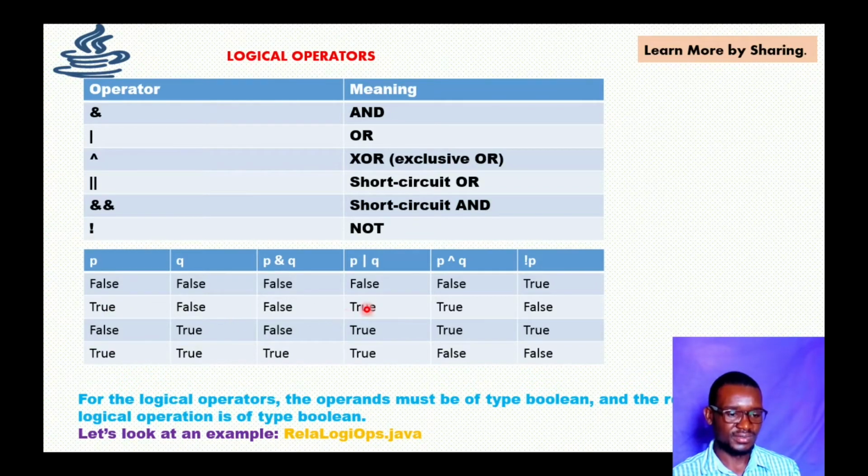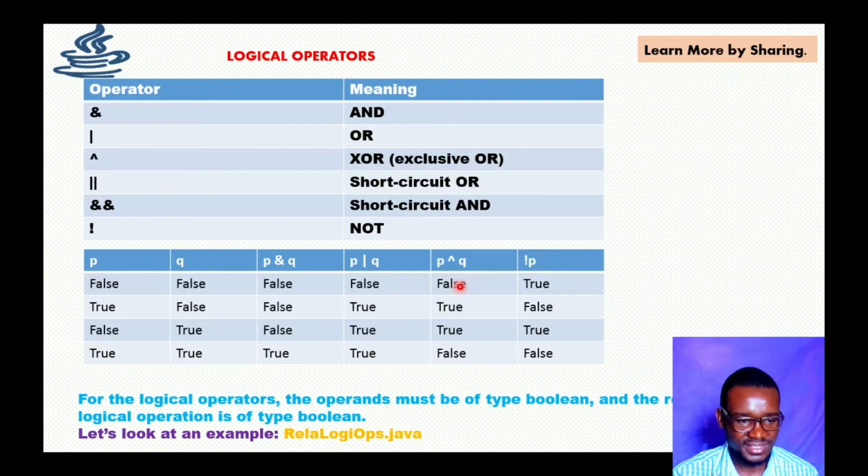Okay, so P is true. If false is assigned to P and true is assigned to Q, then we say P or Q. Okay, so the true, which is Q, will be evaluated here. So if we say P or Q, the result is true, because both of them are true here.